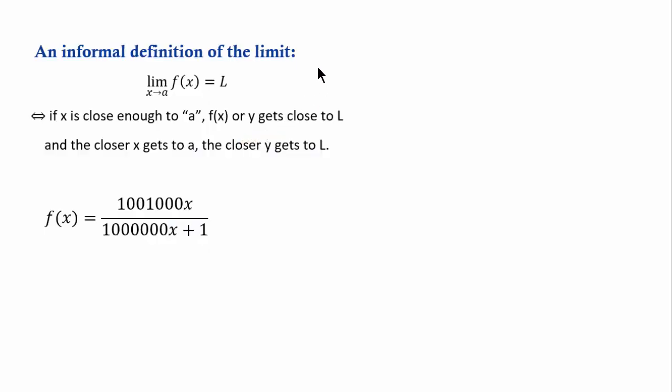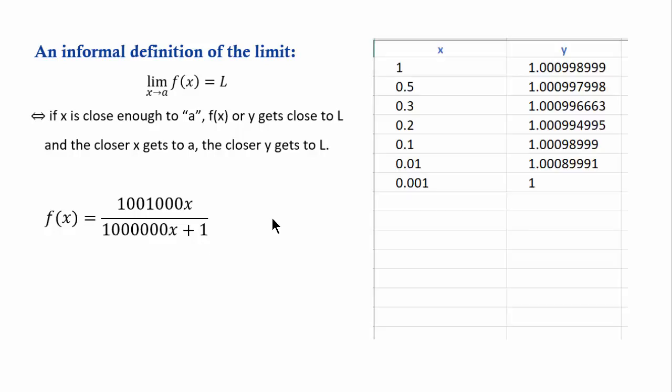However, unfortunately, this definition is not solid as it seems to be. Let's, for instance, take this function, and let's look at the behavior of this function when x gets close to 0. Which means we would like to calculate the limit of f of x as x approaches 0. So here we have a equals 0.